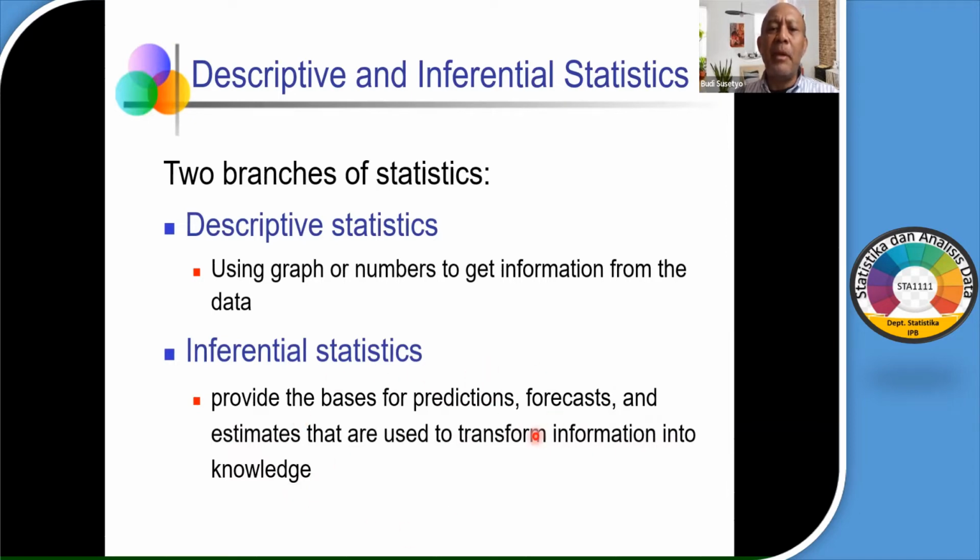That means, for example, in inferential statistics, you have to conduct testing of hypotheses, prediction. You predict whether next week will rain or not. Next year, the production of rice will increase or decrease. So if you use statistics for this, then we call it inferential.